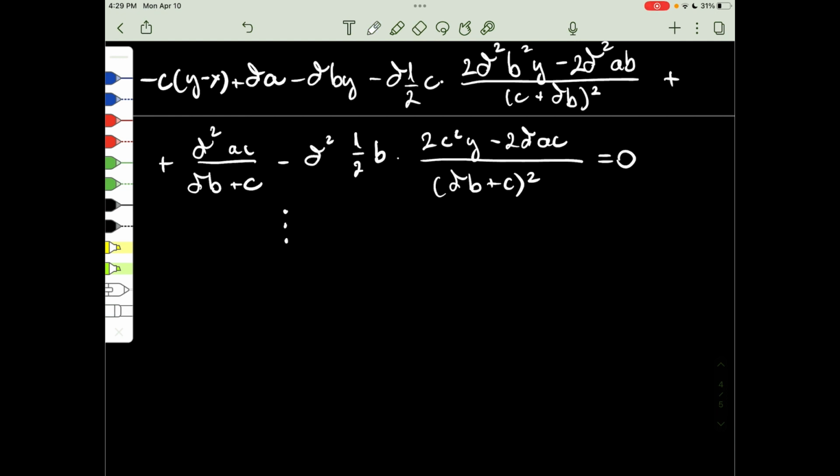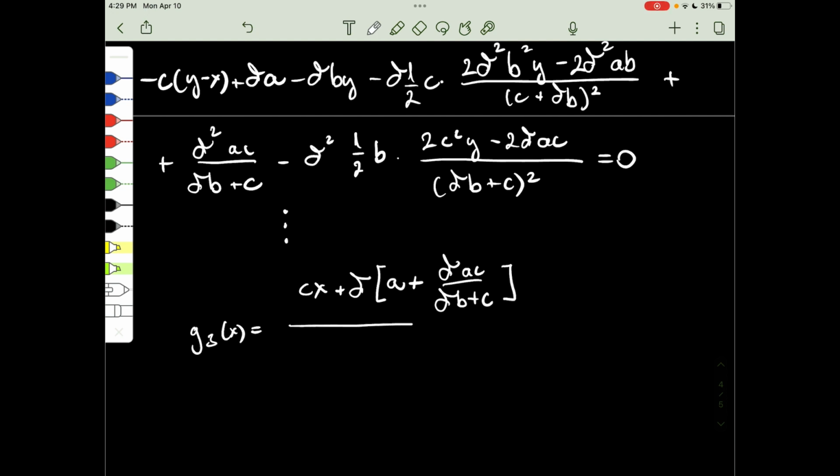I need more space, so I need to rewrite. This is fancy because what we see is a recursive formula for the parameters.